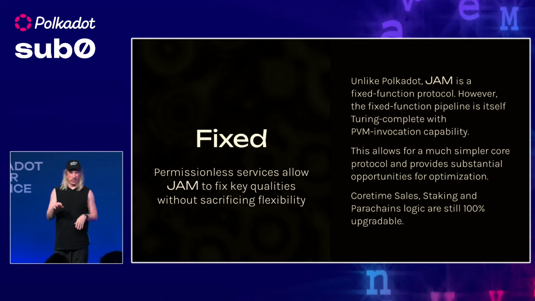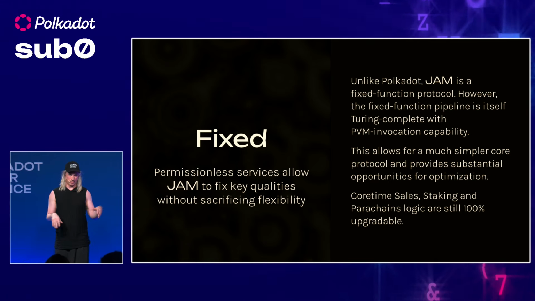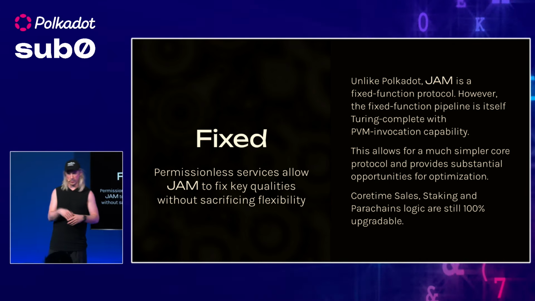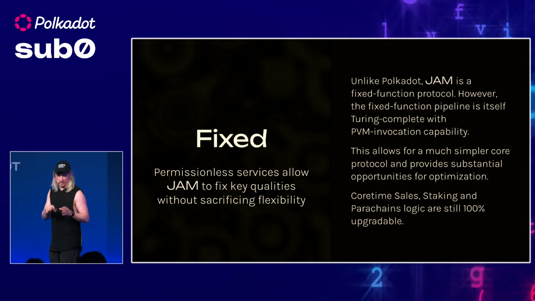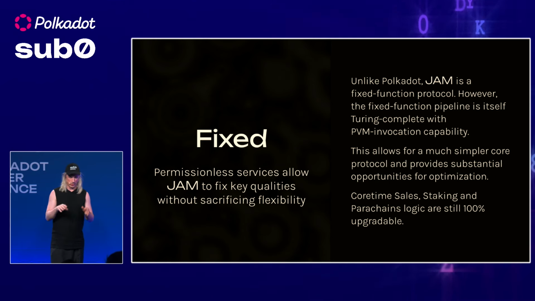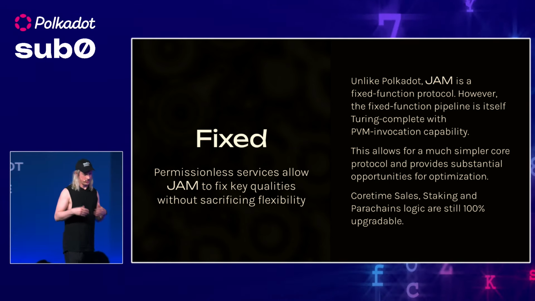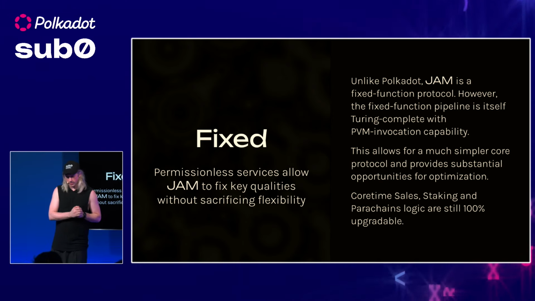It fixes a couple of other things, or at least makes them very difficult to change. For example, the type used for encoding the block header or the hashing scheme. So there are some things that Polkadot does effectively fix, but Jam nonetheless fixes more things. It doesn't fix everything.